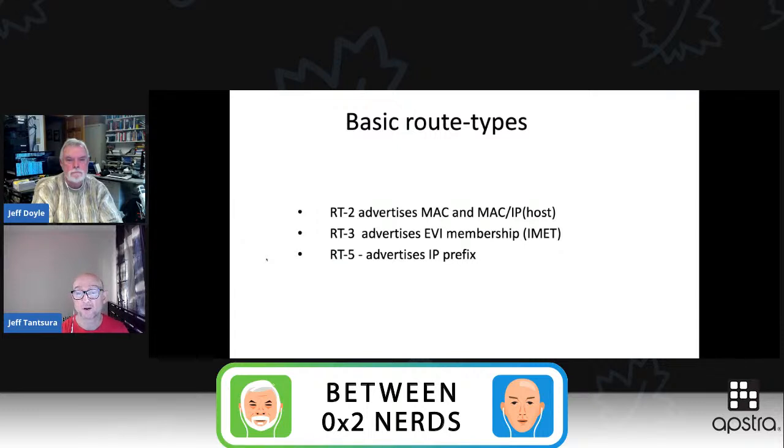The prefix length in route type 2 can only be a host route, so /32 in the IPv4 case or /128 in the IPv6 case. Route type 5 doesn't have those limitations. It could be any prefix. And as we mentioned before, in pure type 5 fabrics, you use only route type 5s. So it becomes really L3 VPN over EVPN.